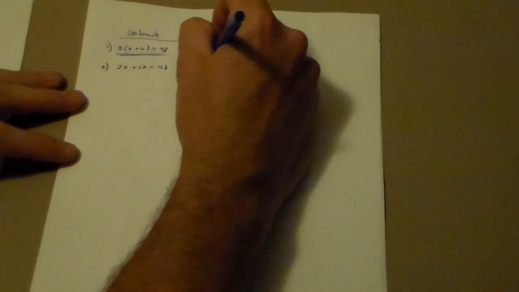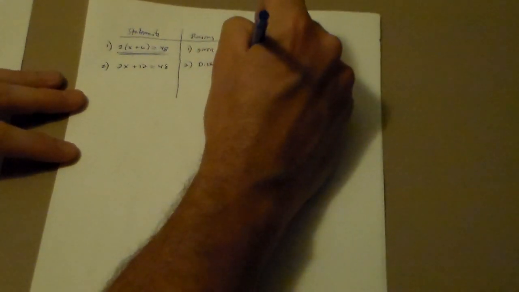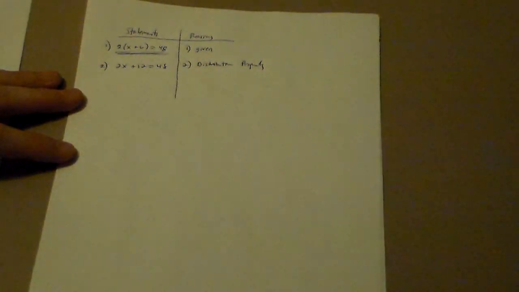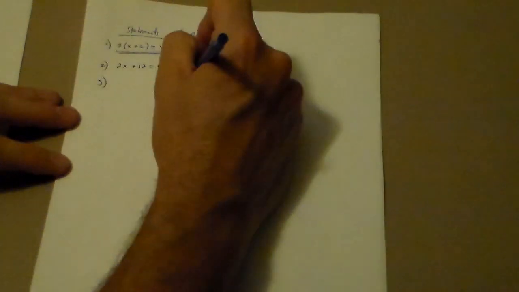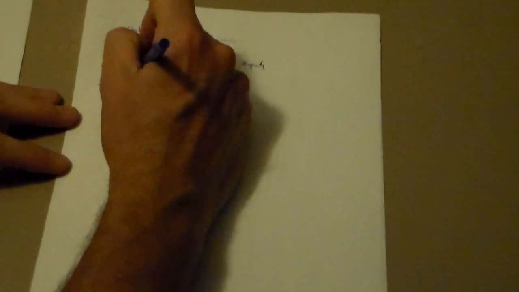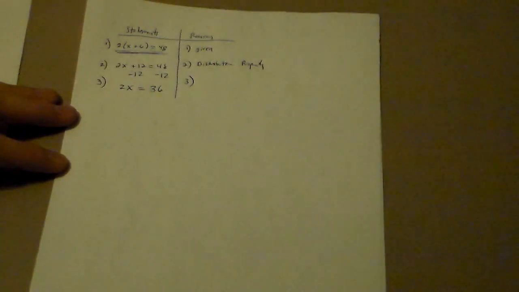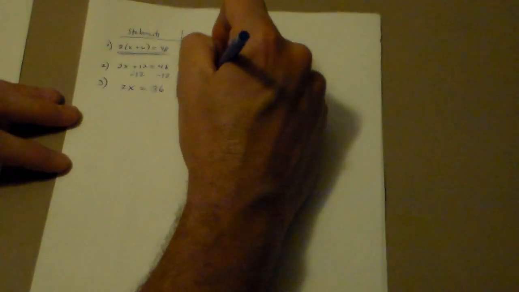I distributed. So the reason is what allows us to do that? The distributive property. Okay? I'll write bigger. I can see myself writing small. So now my next step would be to go minus 12 on both sides, and I get 2x equals 36. What did I do to both sides?